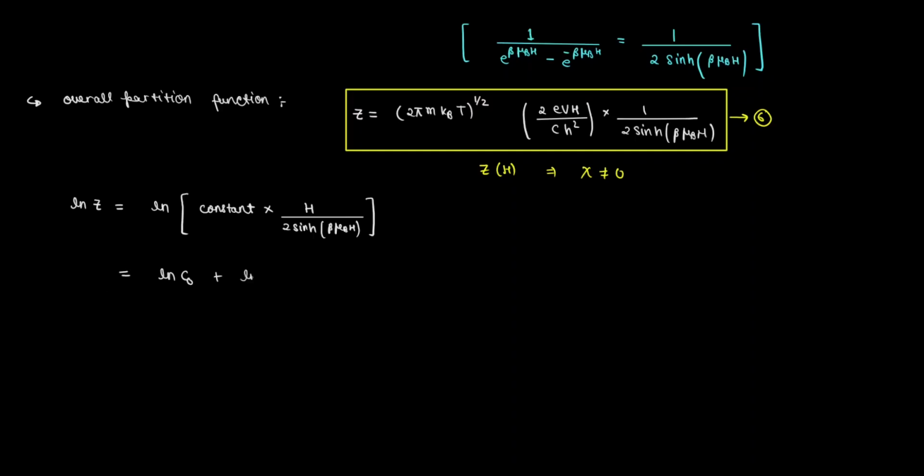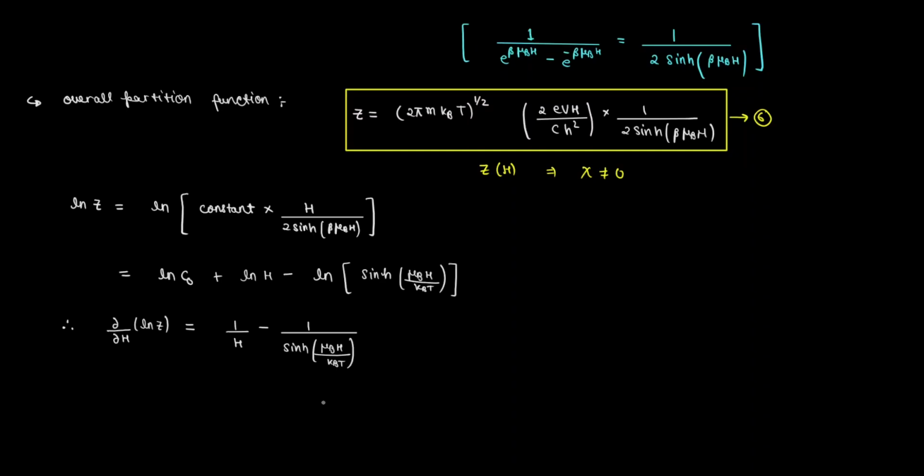So this will be equal to ln of some constant plus ln of h minus ln of sine hyperbolic mu Vh divided by kBT. So therefore, the derivative of ln Z with respect to field will be equal to 1 over h minus 1 over sine hyperbolic of mu Vh divided by kBT times cos hyperbolic of mu Vh divided by kBT times mu b divided by kBT.